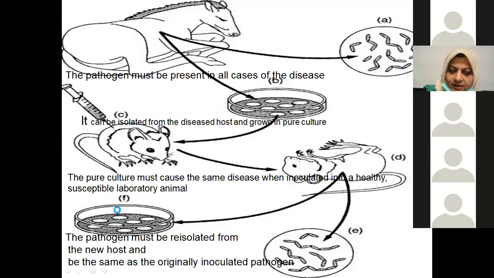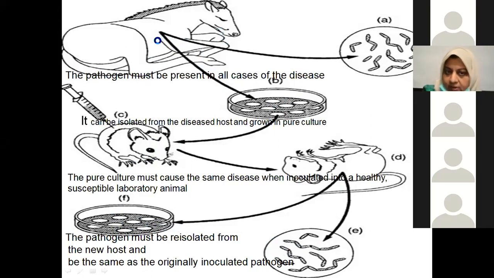It means that it is confirming the presence of these bacteria. It is proving that the same bacteria were causing the disease in this horse that caused the disease in this lab animal. And these bacteria, when they are re-isolated from the new host, should be the same as in the original host.